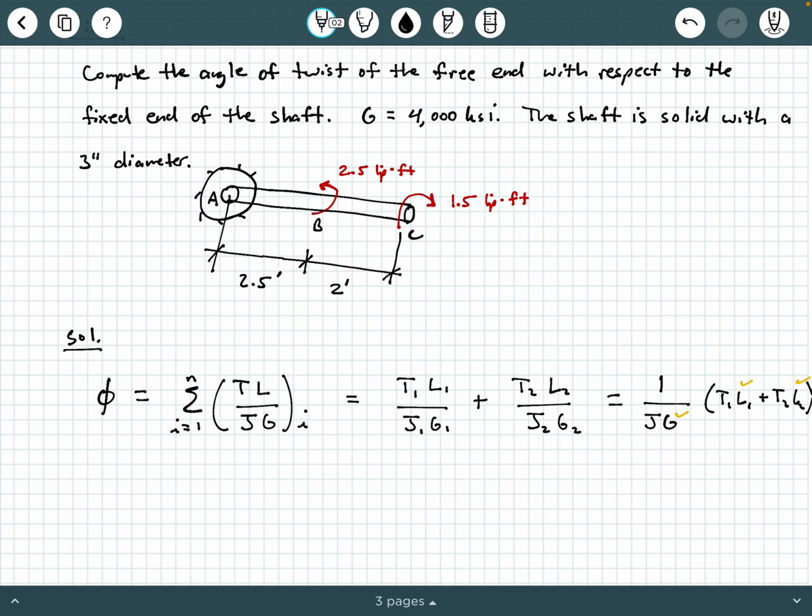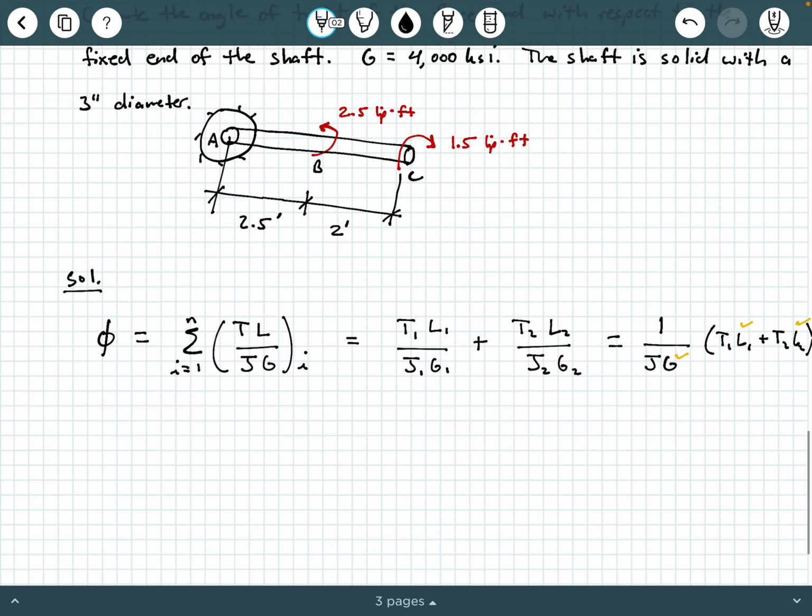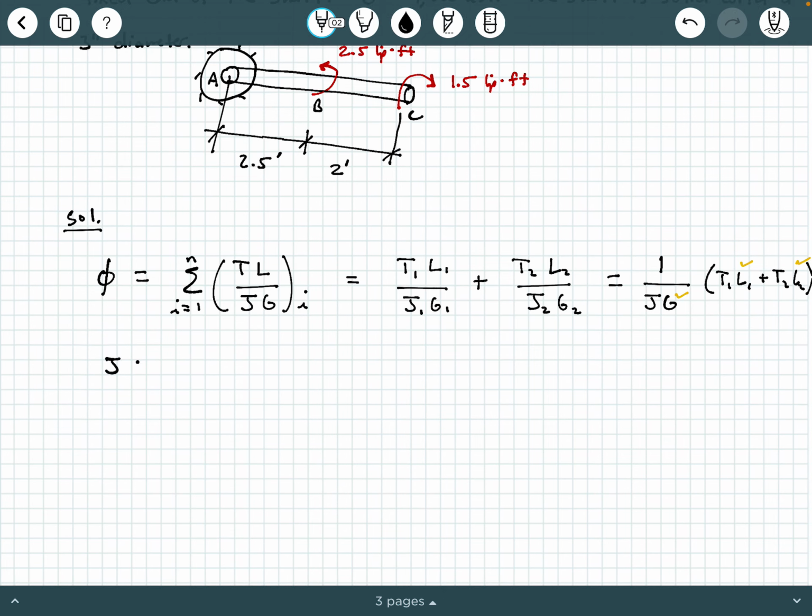So let's go ahead and get J first. That's a pretty straightforward calculation. J is the polar moment of inertia, which is pi d to the 4th over 32. And again, it's a solid circle, so for a solid circle, we know it's pi times the diameter to the 4th over 32. So I'm going to write this as pi times 3 inches to the 4th over 32.